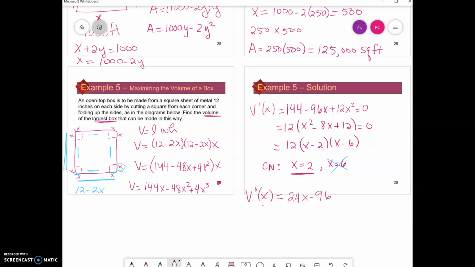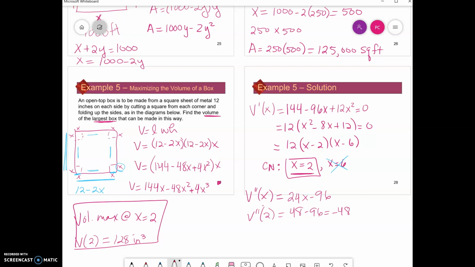By plugging in 2, we get 48 minus 96, which is negative 48. It's negative, therefore we have a maximum at x equal to 2. So the volume is maximized at x equal to 2 with a max volume, if we do V of 2, of 128 inches cubed.